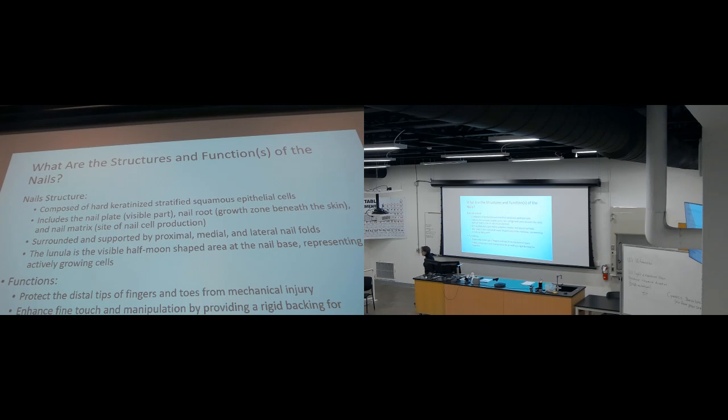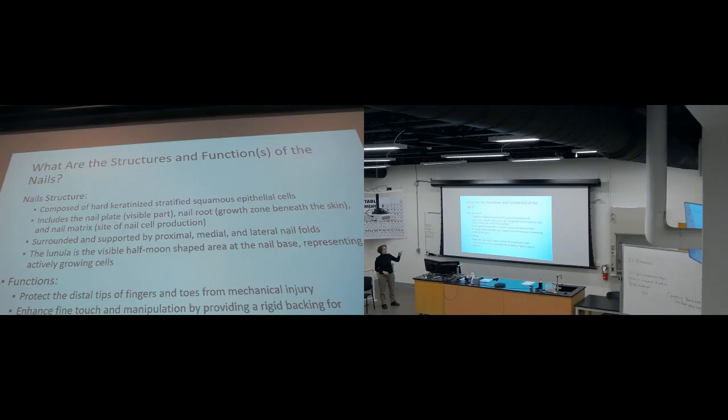Now for our nails, just like hair, they are accessory structures made of keratinized stratified squamous epithelium, again, dead cells. In the nails, we have this visible part that is called the plate. And then we have the root that is underneath our skin, underneath our cuticle.